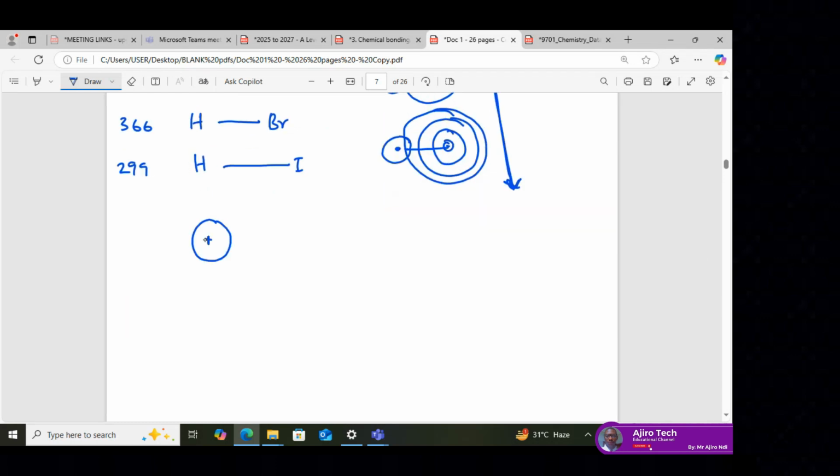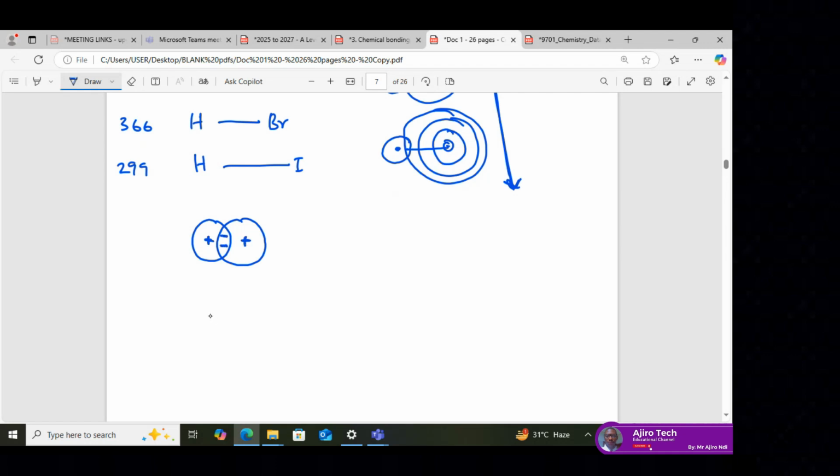Nucleus of hydrogen. Remember, covalent bond is due to what? Attraction between the nuclei and the bonded electrons. Do you remember? Electrostatic attraction between the nuclei and the bonded electrons. Now look at the nucleus of this fluorine. Nucleus is here.